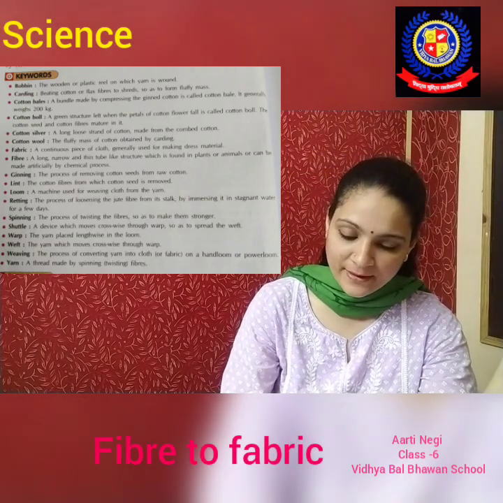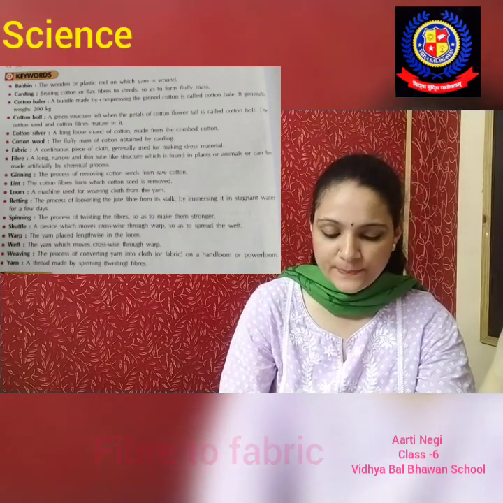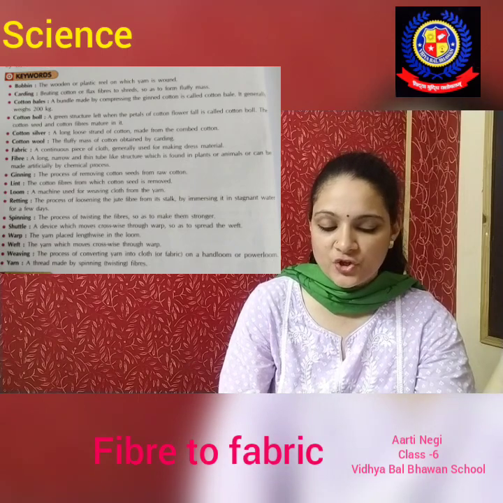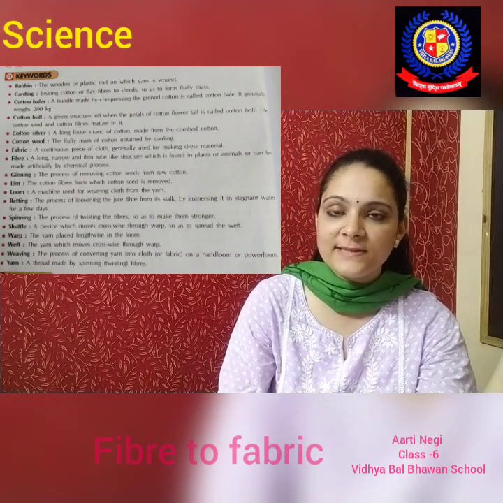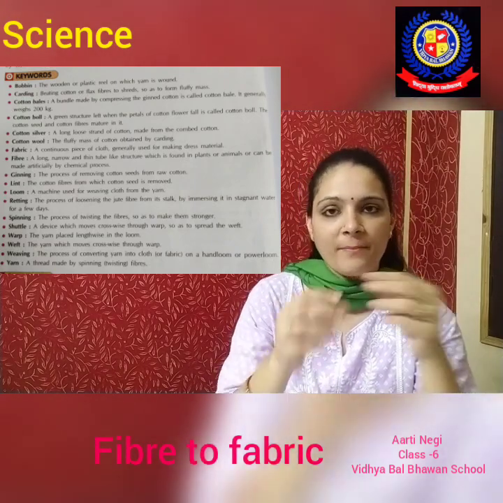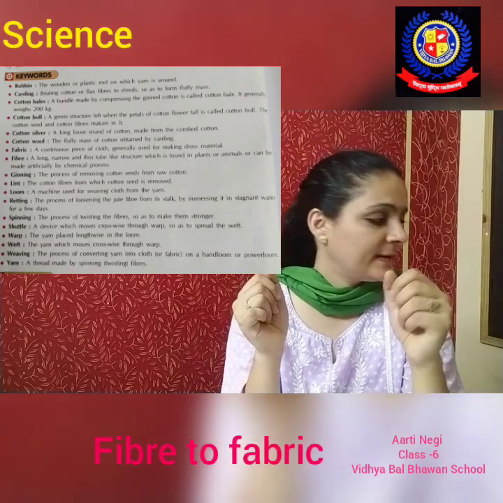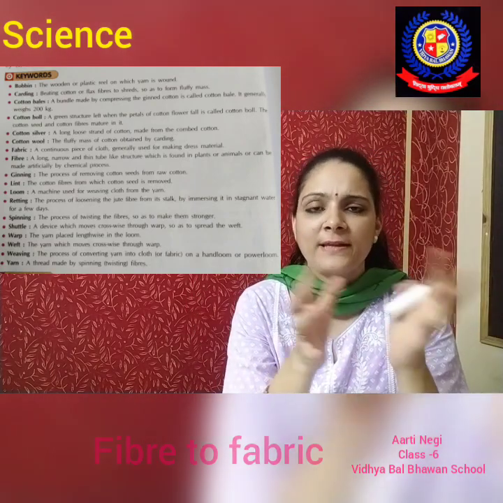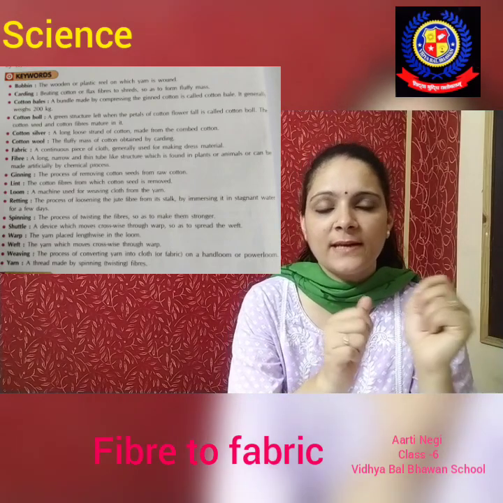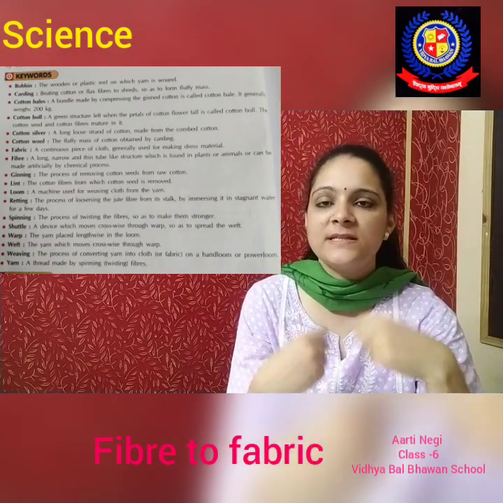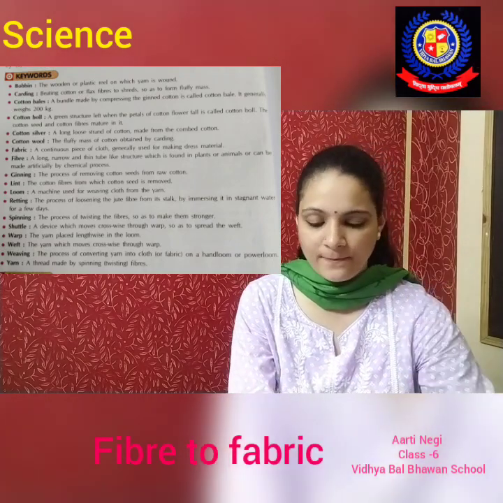Next one is fabric, a continuous piece of cloth generally used to make dress material. That is called fabric, a piece of cloth. When we take that piece of cloth to the tailor, he or she cuts that piece of fabric and stitches the cloth for us.